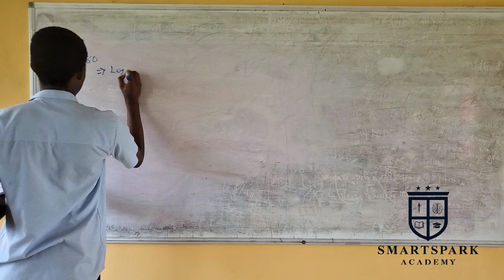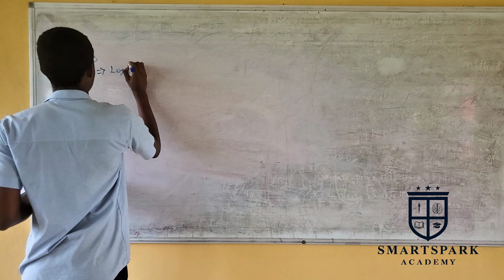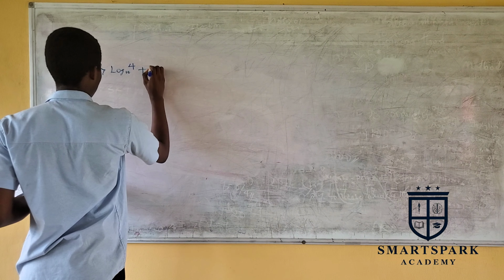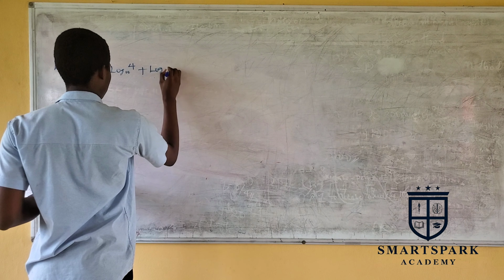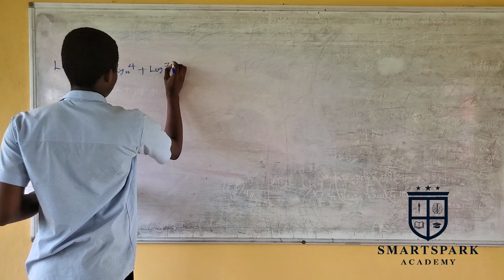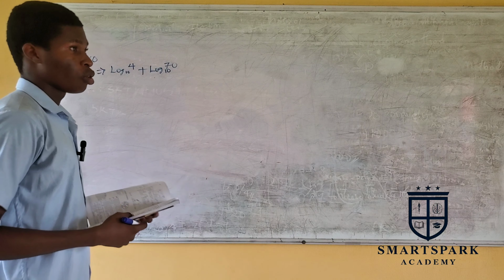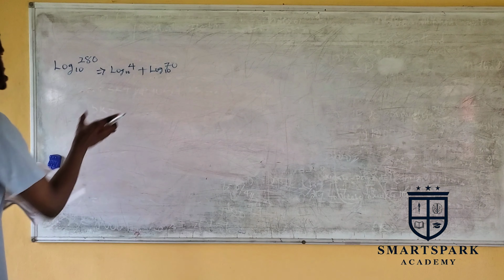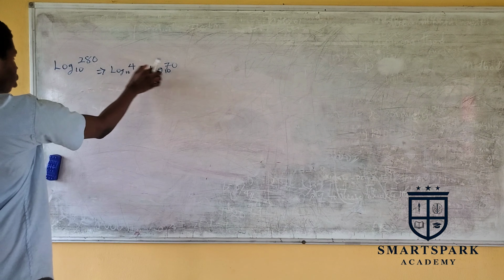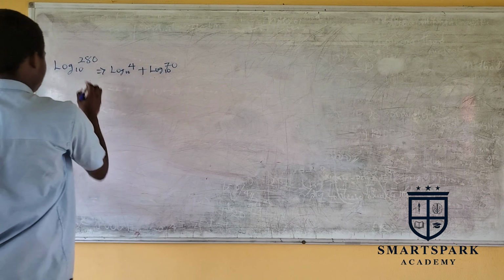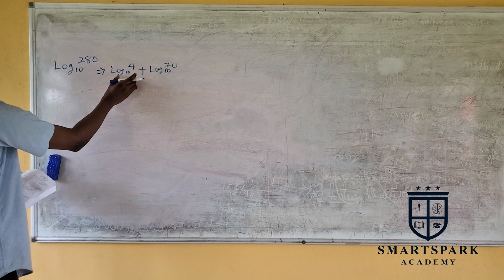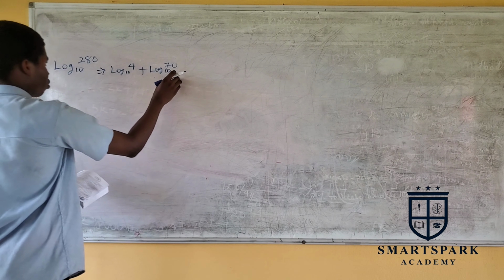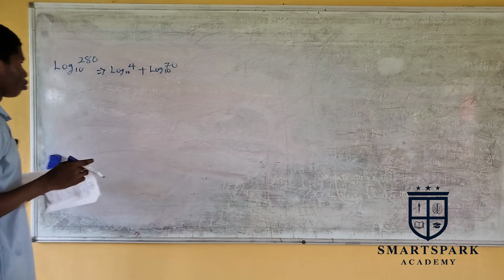Log 280 is equal to log of 4 times 70. We know that for laws of indices, the multiplication law applies: once you have multiplication, you are able to multiply these two parameters. Now this 4, we are going to break it down into 2 squared. The 70, we are going to break it down in terms of 7 and 10.